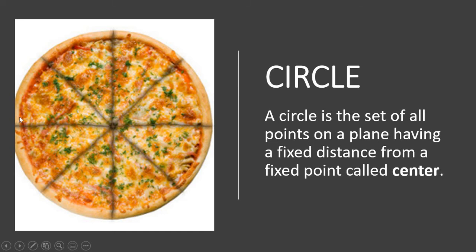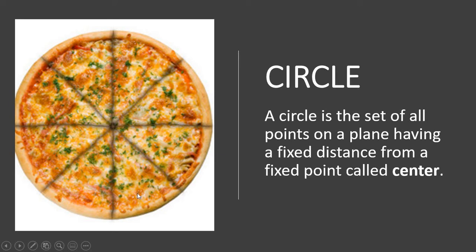So, those points form a circle. At lahat ng points na yon have a fixed distance from the center. Diba? So, bakit kailangan fixed distance? Kasi kung hindi magiging pantay or equal yung measurement ng bawat slice ng pizza.